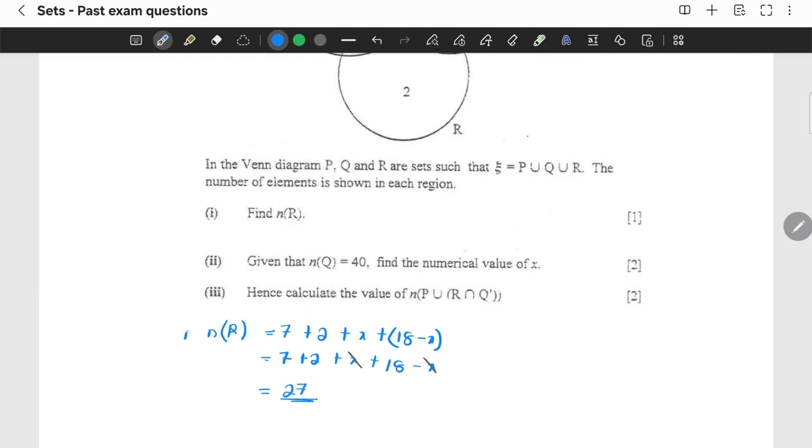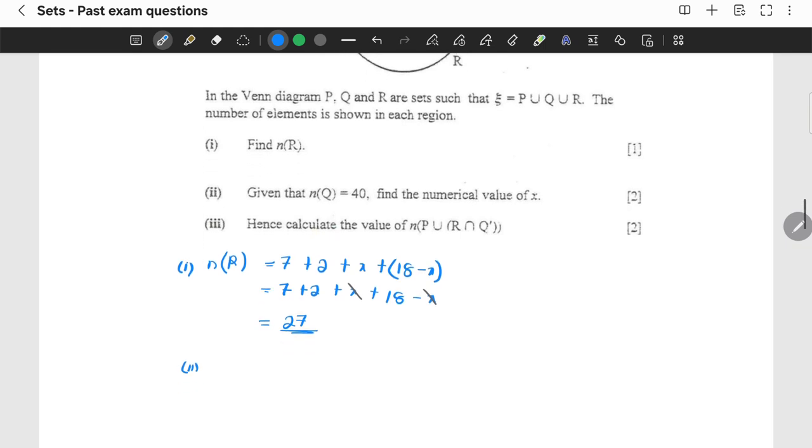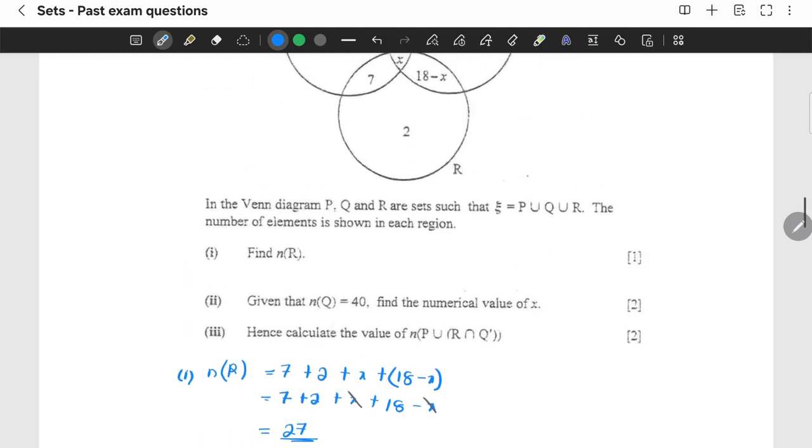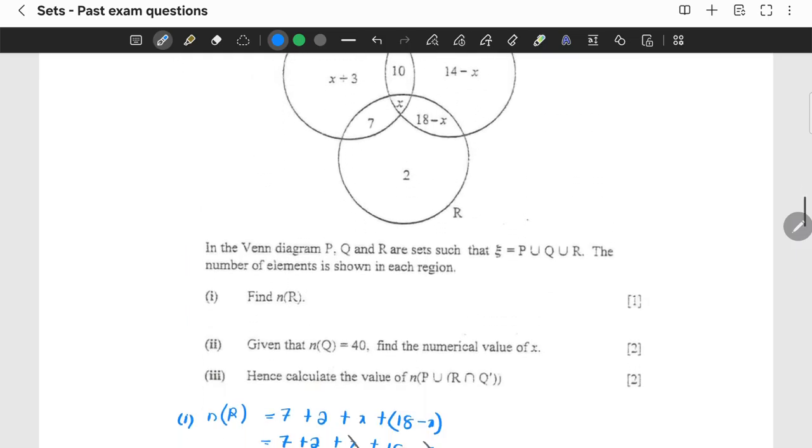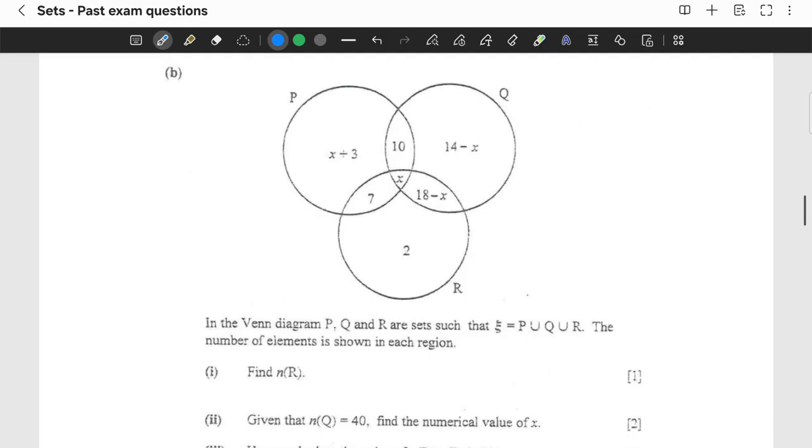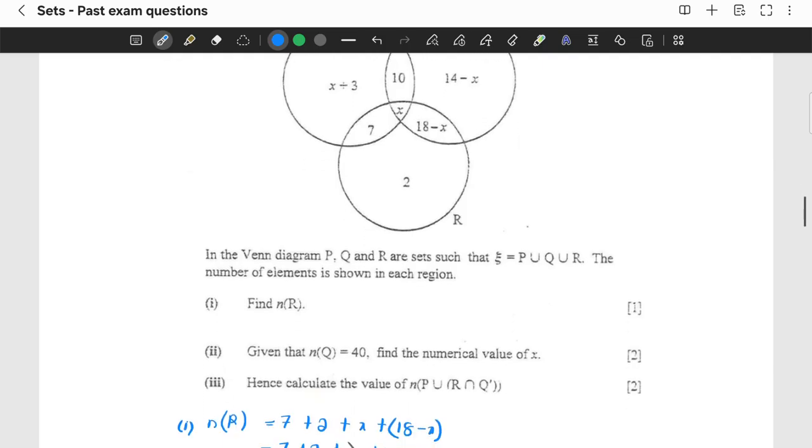And then part 2 says, given that n(Q) is equal to 40, find the value of x. So the number in Q, in Q we have 10, x, 18 minus x, 14 minus x.